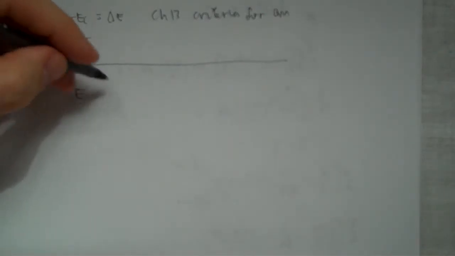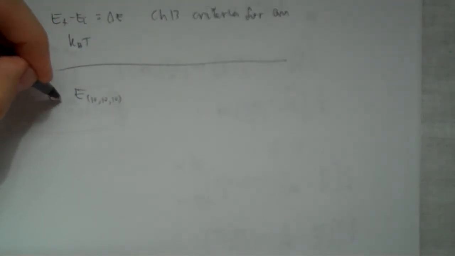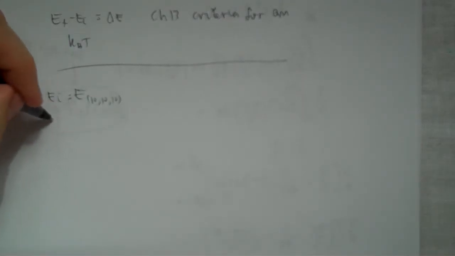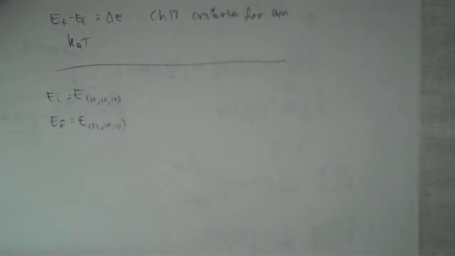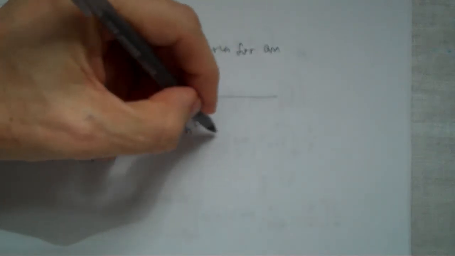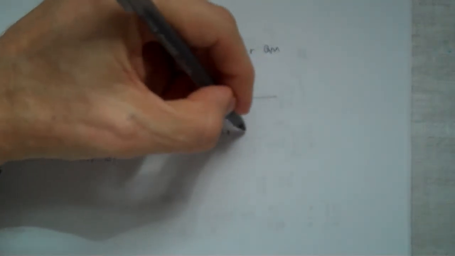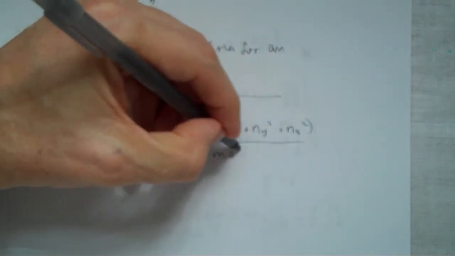In order to find that out, I'm going to bump this up one energy level. Instead of 10, 10, 10, I'll call that E initial, the energy level 10, 10, 10. E final I'm going to call E 11, 10, 10. That's the next energy level up. You agree? So we take our equation, which we derived on the previous page, h squared times nx squared plus ny squared plus nz squared over 8ma squared.